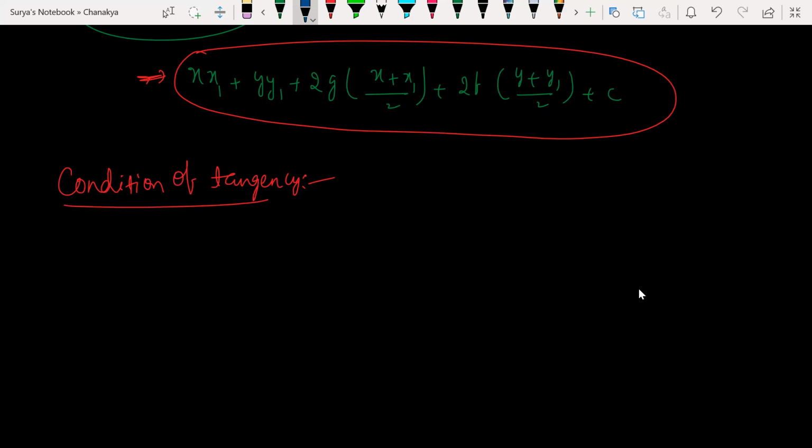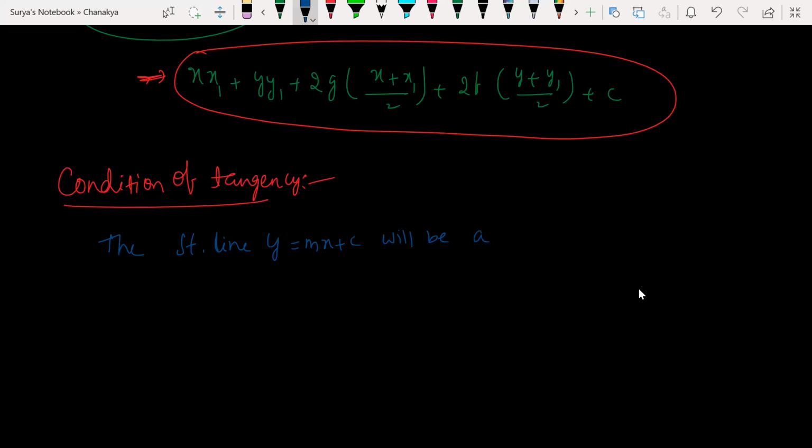Sir, a point should lie on the circle. No, what I'm trying to say, look at the straight line y is equal to mx plus c.